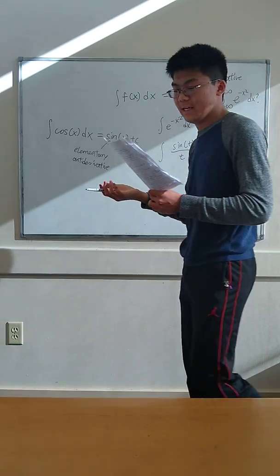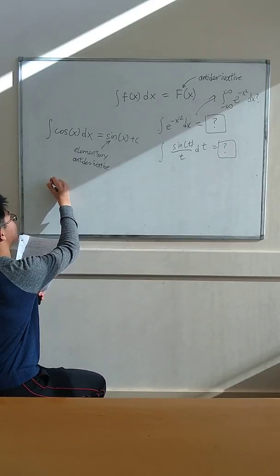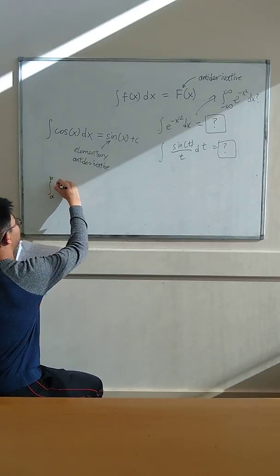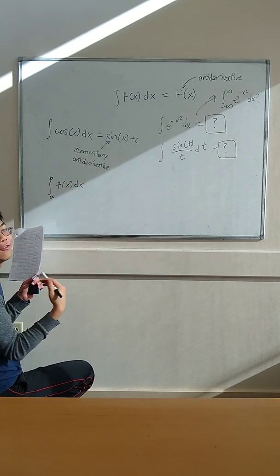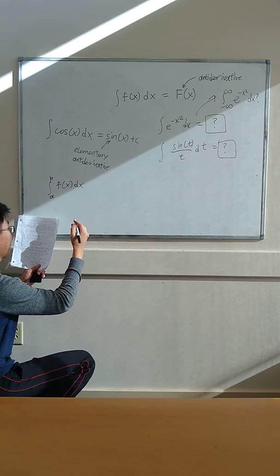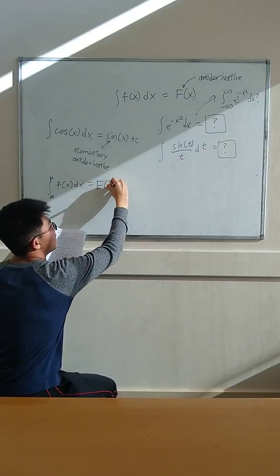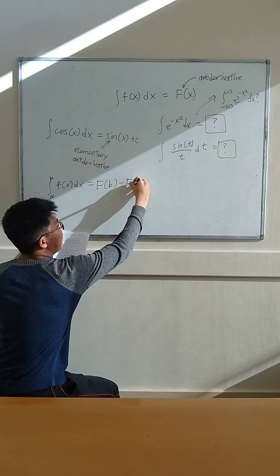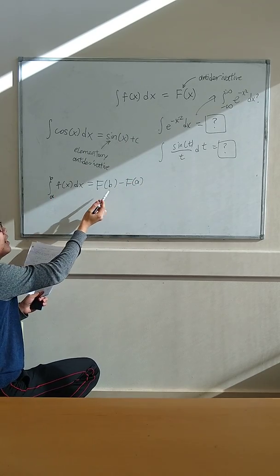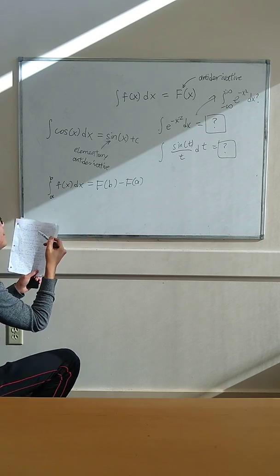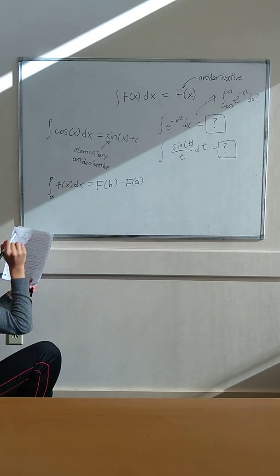In calculus 1b, to find the area underneath a function, you take the integral of a function, let's say f of x, from a to b, and then you find the antiderivative, which is capital F, and you plug in b in place of x, and you plug in a in place of x.